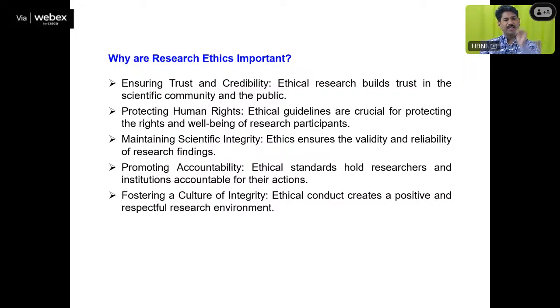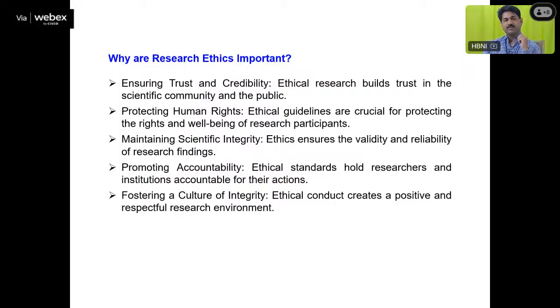So why are research ethics important? First is ensuring trust and credibility. So जैसे मैंने पहले क्लास में ही बोल दिया था कि when we are working for a reputed organization like BARC or Department of Atomic Energy, DAE, or various institutes of DAE like IGCAR or even HBNI, which is a reputed institute for research, we have to maintain the credibility of our organizations.